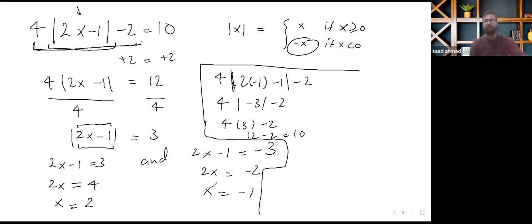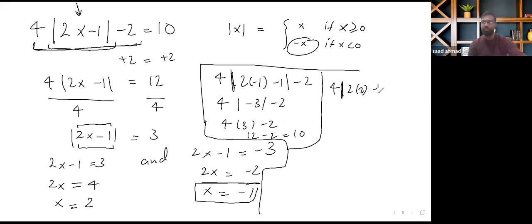You see, when I plug in x as minus 1, the result of this absolute value equation is 10. Similarly, if we plug in 2, we will also get 10. So 4 times the absolute value of 2 times 2 minus 1, and then minus 2.